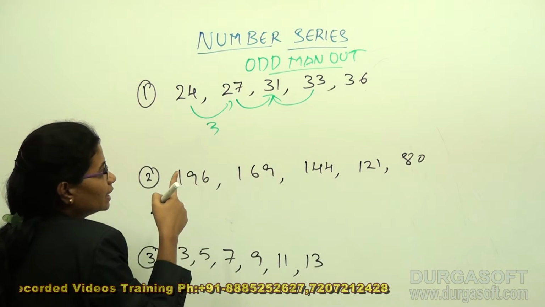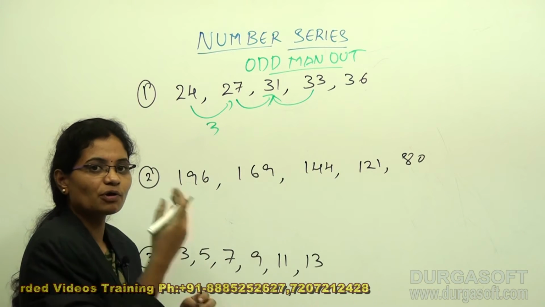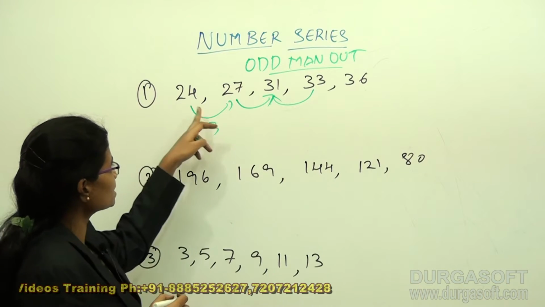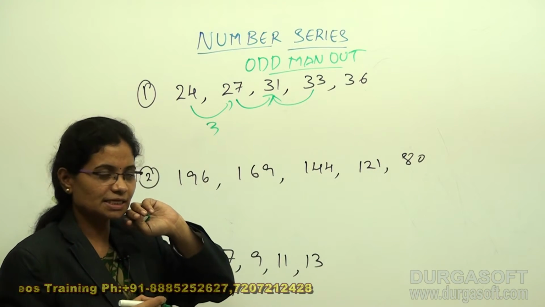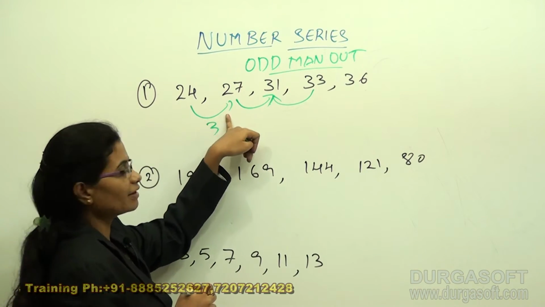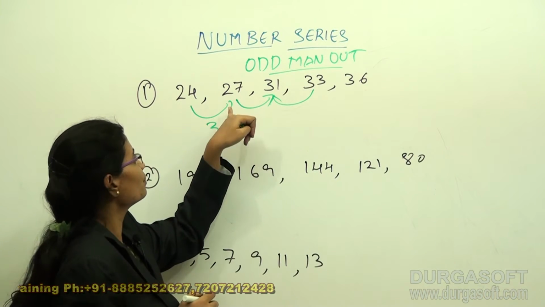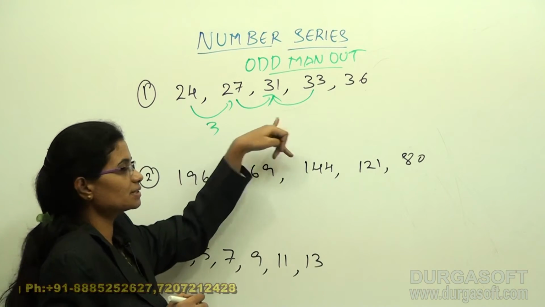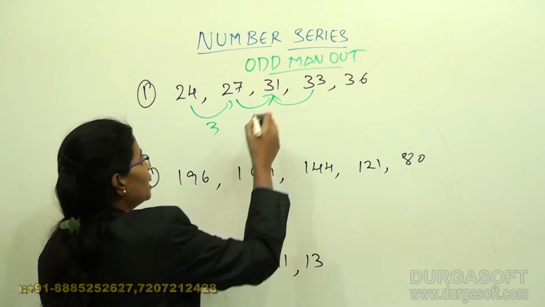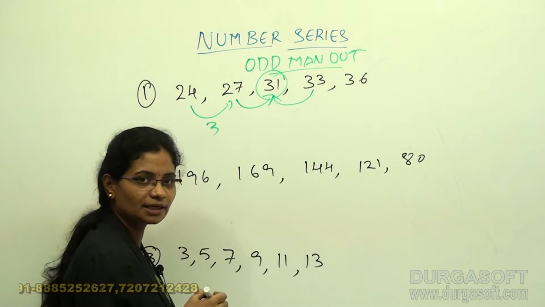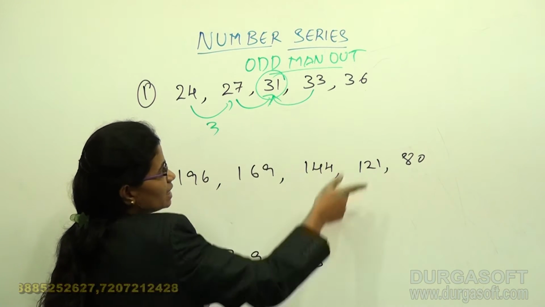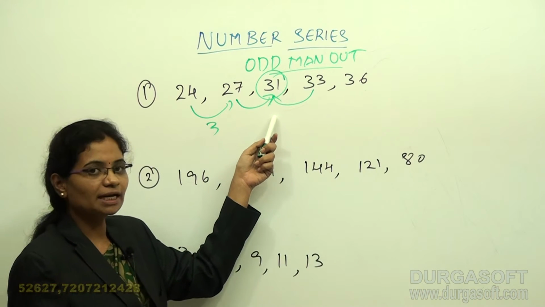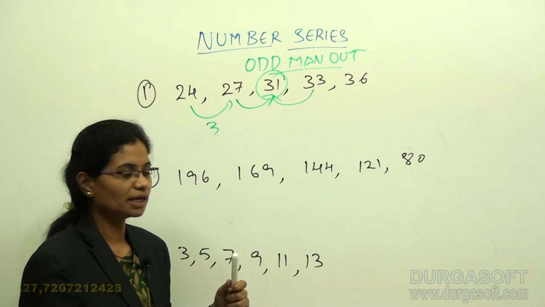That means this series is continuously following a difference of 3. So in place of 31 we should get 30, then only the following series will be correct. So in this question 31 will be the odd man out.